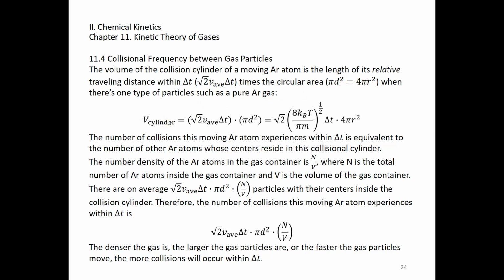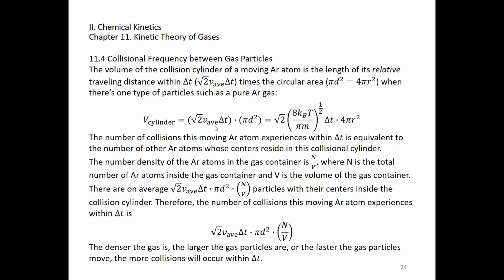Alright, so for example, if we have 1 million argon atoms within a 1 cubic meter container, we can compute its density. It's 1 million per cubic meter. And then if you have a collision cylinder with a volume, for example, 10 to the power of negative 3 cubic meters, we know roughly the number of argon atoms in 10 to the power of negative 3 cubic meters is 1,000.